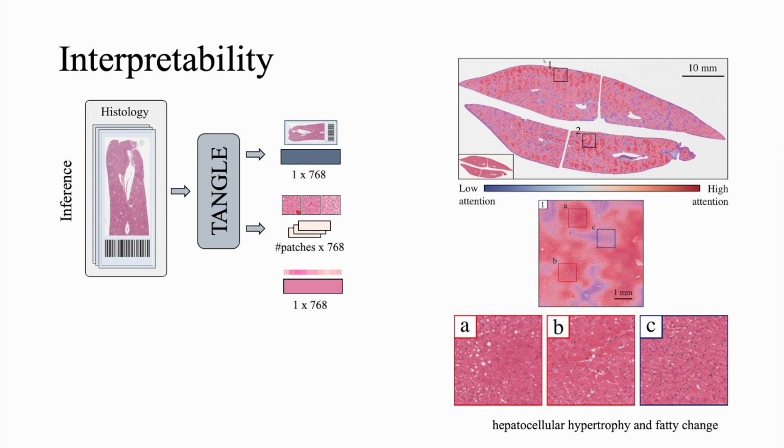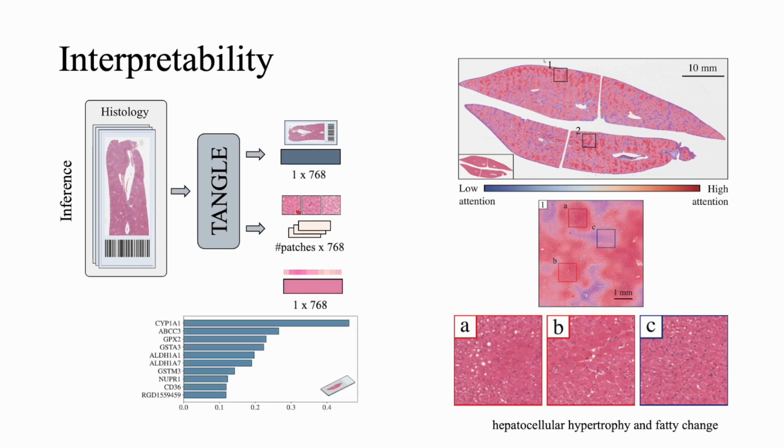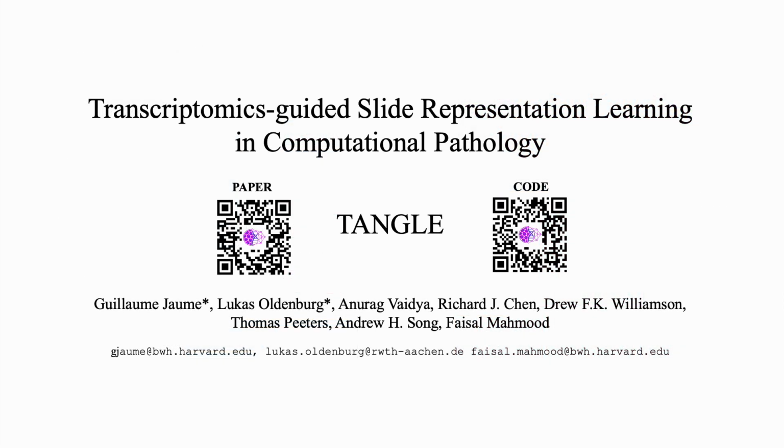Once we have this, we can backtrack the gradients and integrate them over the inference way. That gives us an estimate of which genes are important during inference time. And that makes our model a bit more interpretable of what's going on from the medical side in our whole slide image. So this was a brief overview of what's going on in TANGLE.